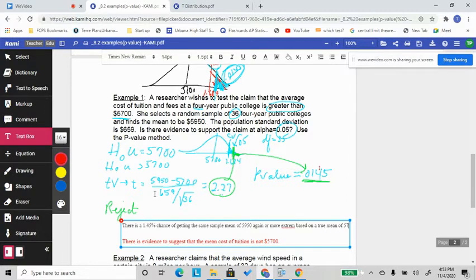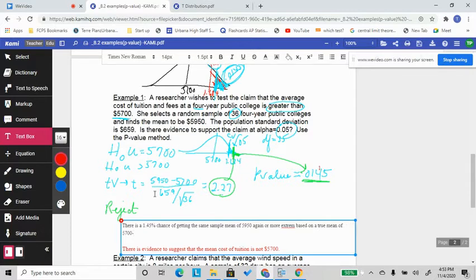And you have a template to open up, 5,700 and 5,700. Okay, so there's my p-value sentence.